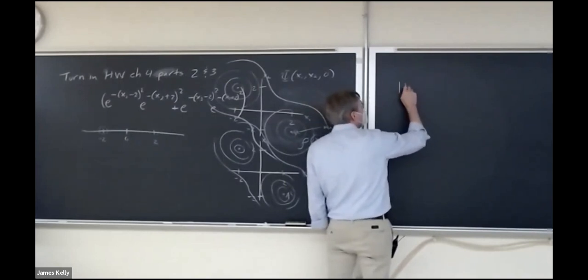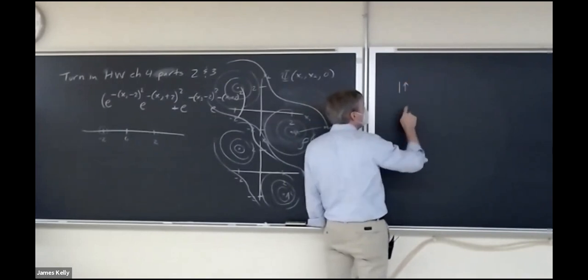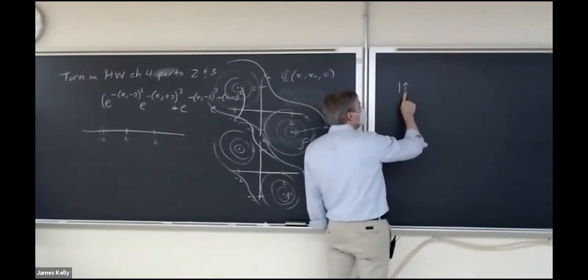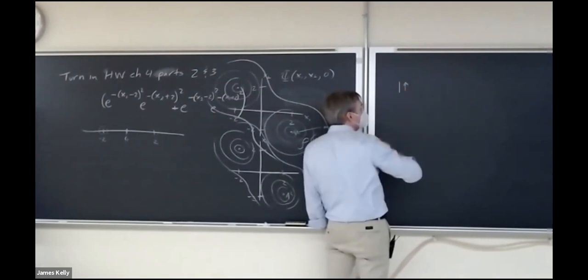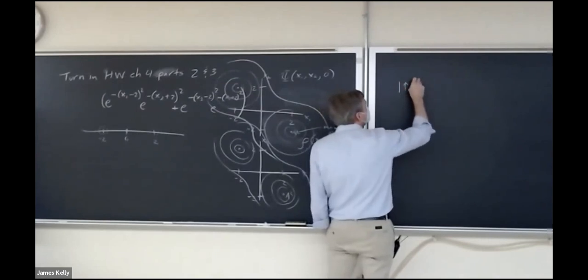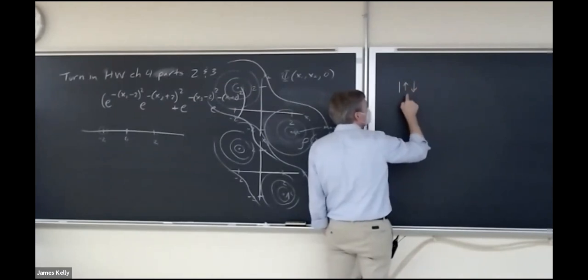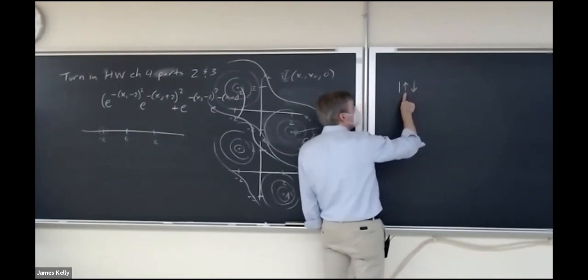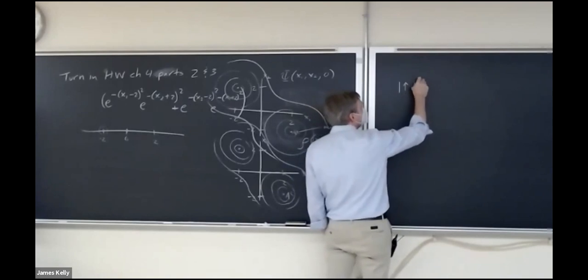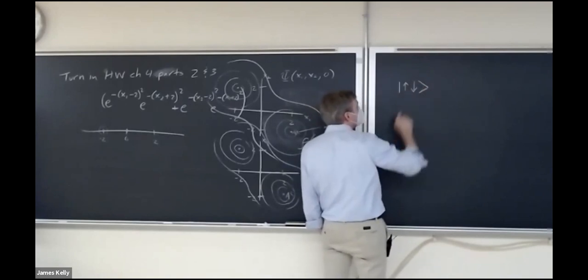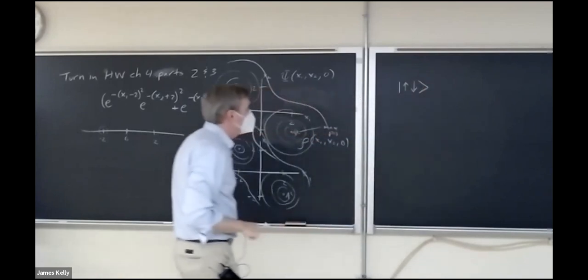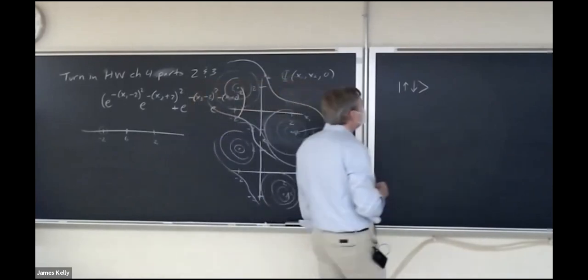If I have a state where particle 1 is in a definite spin z state, I can write it as an arrow up or an arrow down like Griffiths does. And maybe with our particularly chosen z-axis, the electron's in a spin up state and the proton's in a spin down state.